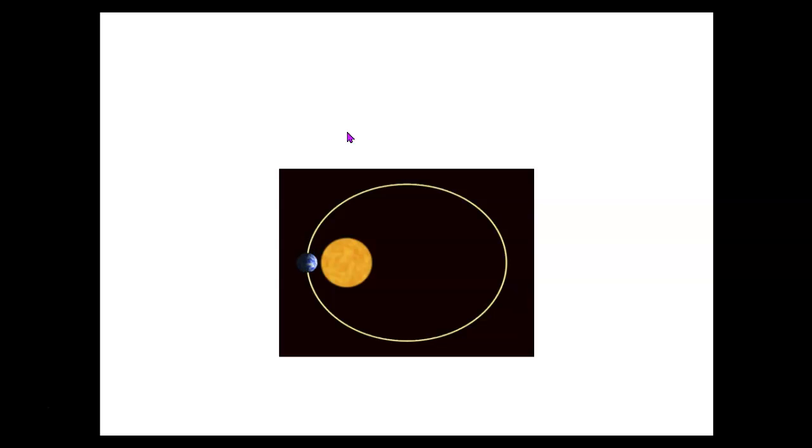So the orbit of the Earth around the sun is not a perfect circle with the sun at the center. Instead, it's a little bit longer in one direction than in another, which makes it an ellipse.